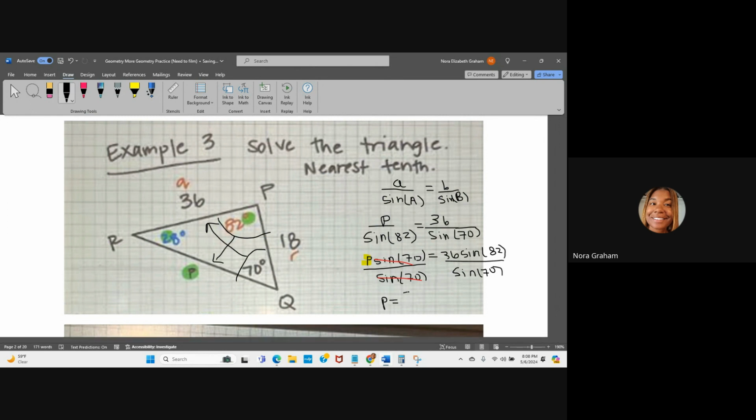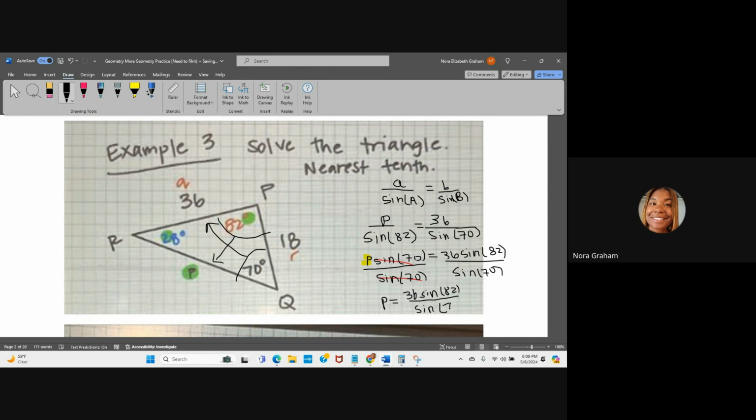And then I have 36 times sine of 82 over sine of 70.